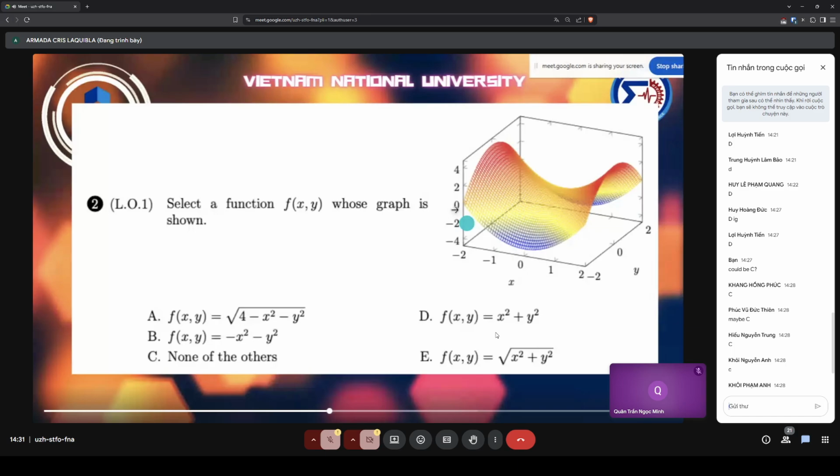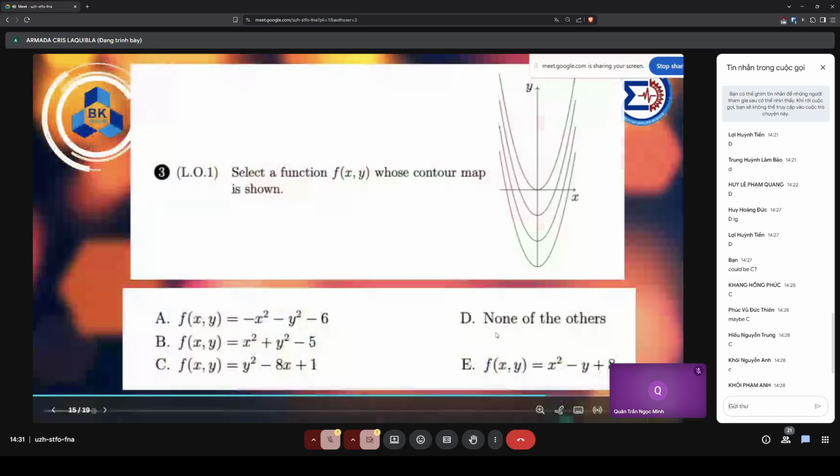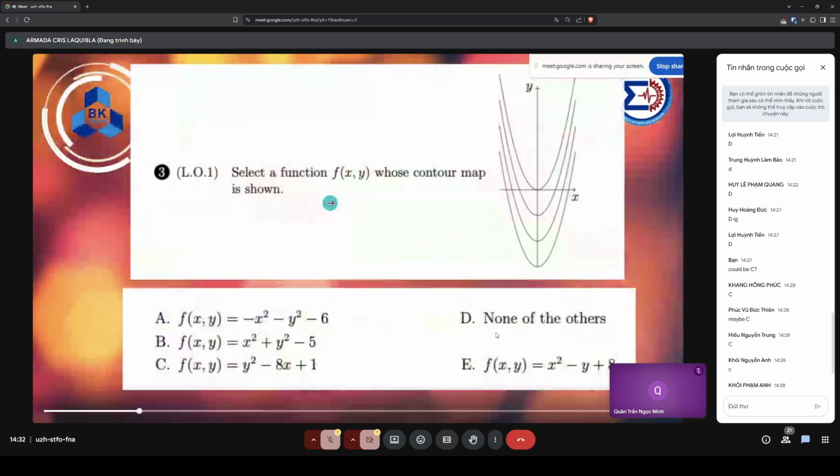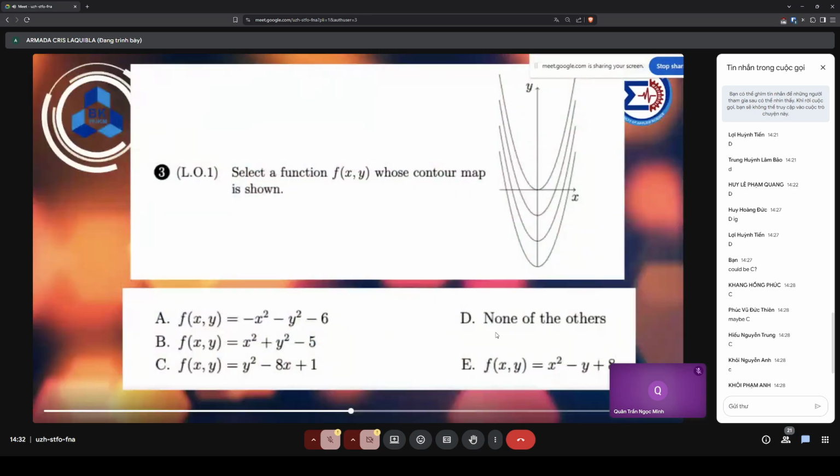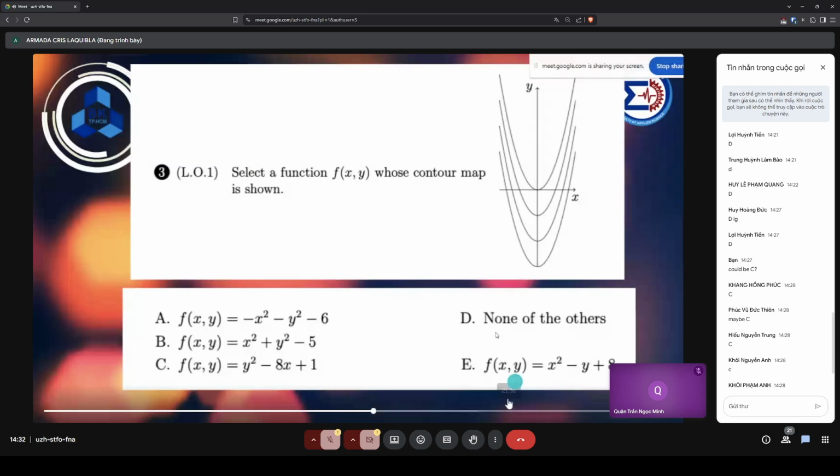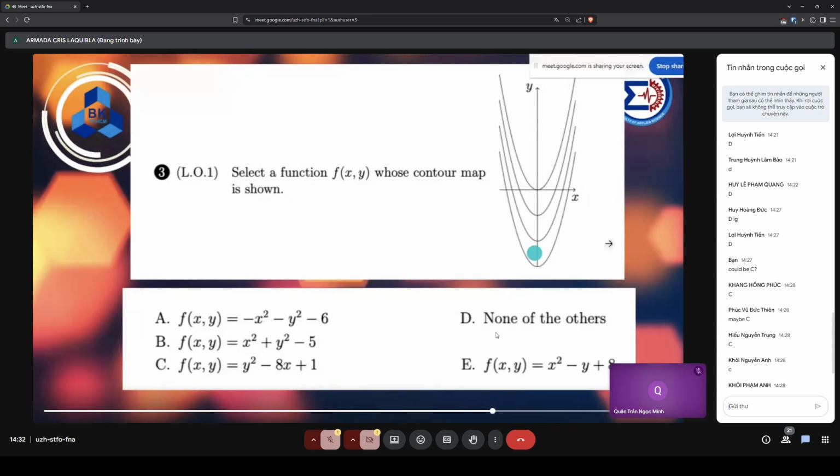Next, how about this? Select a function f of xy whose contour map is shown here. So you use your Desmos graphing calculator, class, and guess where it is. I guess it's letter E there. Can you try E? And then you can see something like this. There are many parabolas there.